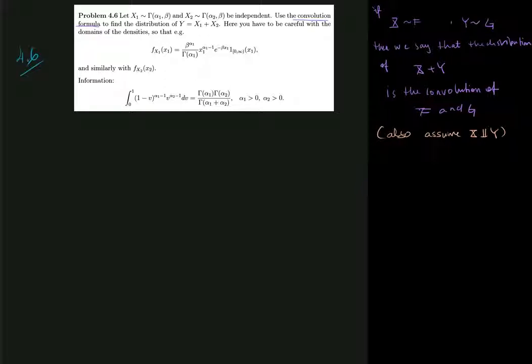So what is the convolution formula? The convolution formula for densities, so it can both be used for distribution functions or for density functions. So the version that works for densities is given as such.